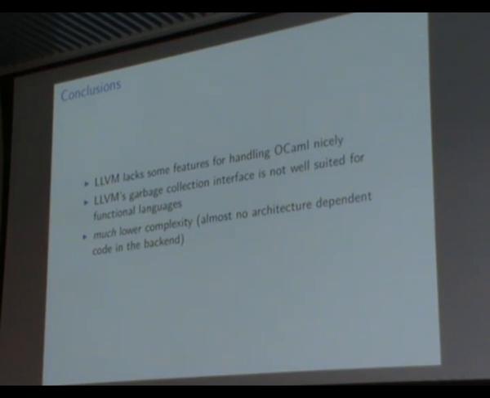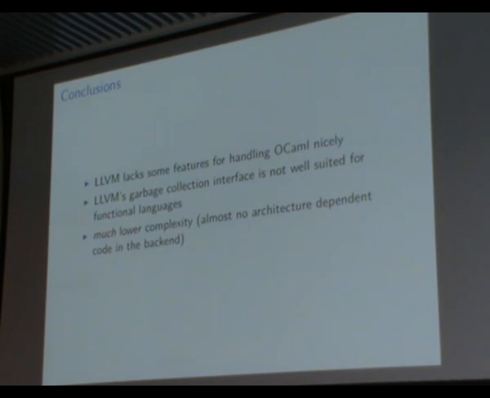LLVM does lack a few features to implement a language like OCaml. Especially the exception handling part is really not so nice. But also the garbage collection interface that LLVM provides is kind of a problem.